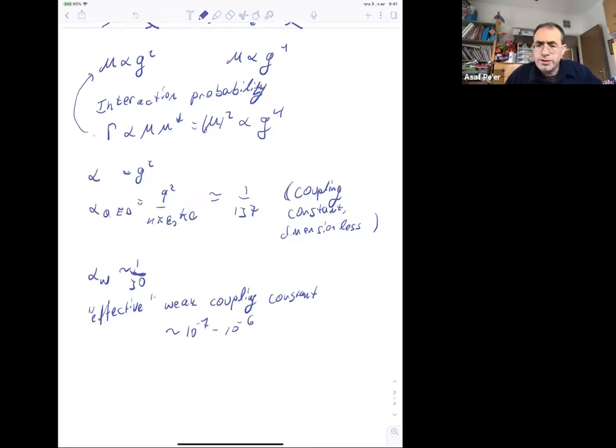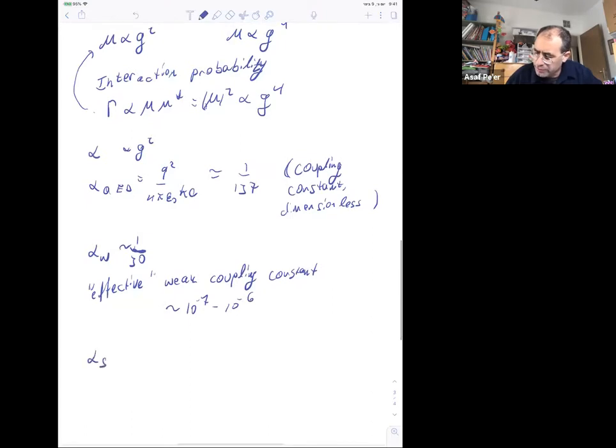However, when we speak about the strong interaction, then we do run into a problem because alpha strong is of the order of unity. So we cannot really use the perturbation approach because we do have to sum over infinite terms. The contribution from each one is going to be of the same order as that of previous ones.